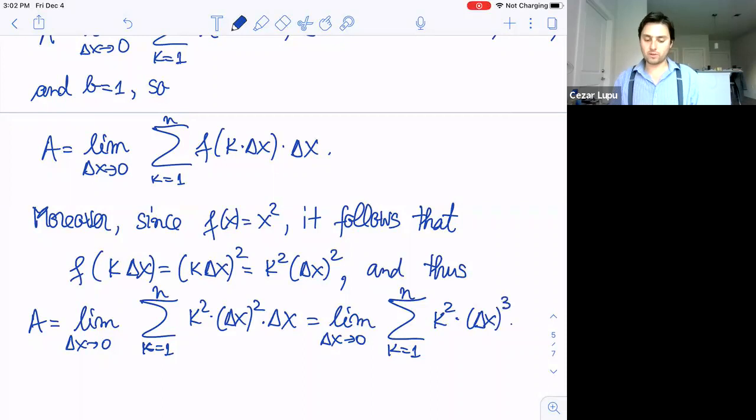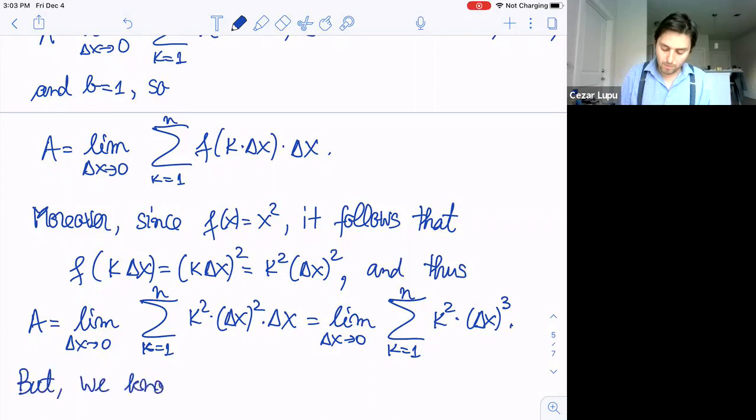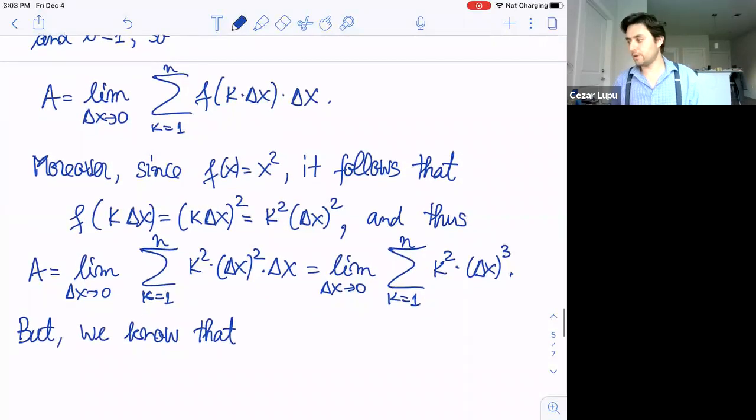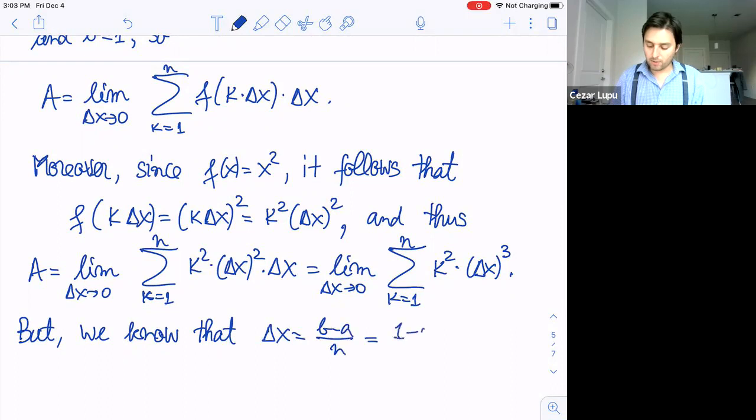All right, so we got all the way to this point, but we haven't used any information about delta x. Remember at the beginning I told you in step 1, we know that delta x is b minus a over n, which is 1 minus 0 over n, which is 1 over n in our case.